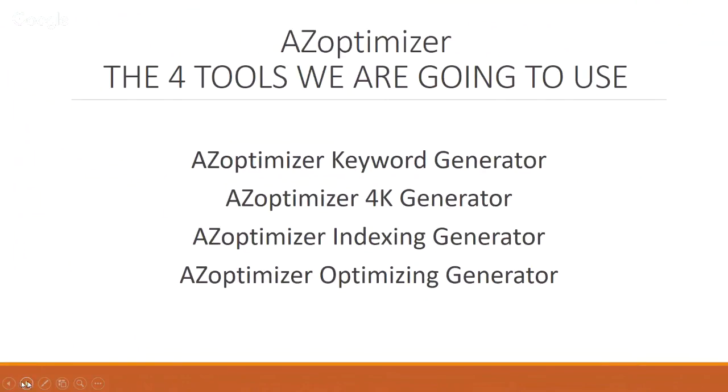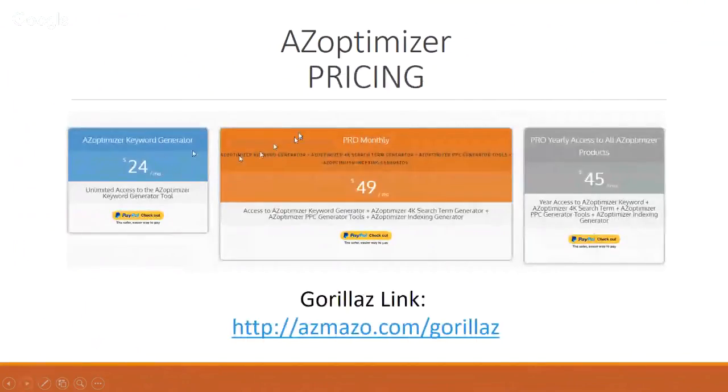At the end, we'll look at the prices, and here's the link. You're going to have these slides. These are the only slides I've got, because what I'd like to do is jump in and run through this live. So let's do that now.